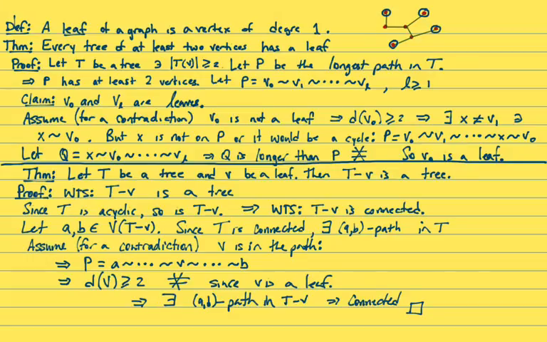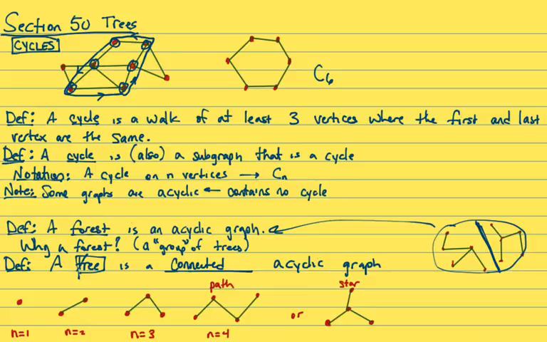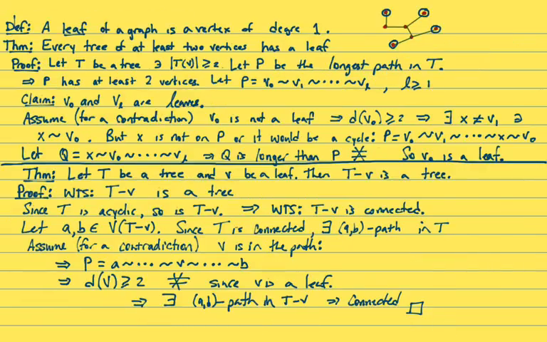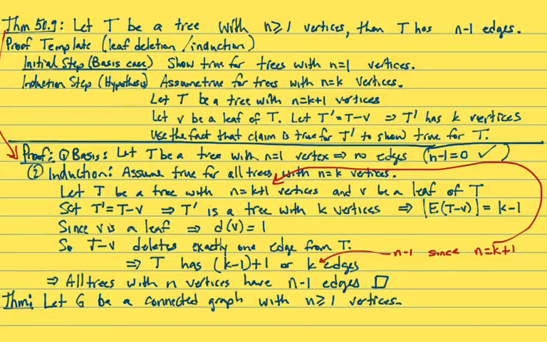Guaranteed. This tree down here, in fact both of these were trees, had 4 vertices, and notice there were exactly 3 edges. Every tree has n minus 1 edges. All right, I'm going to back up right there.